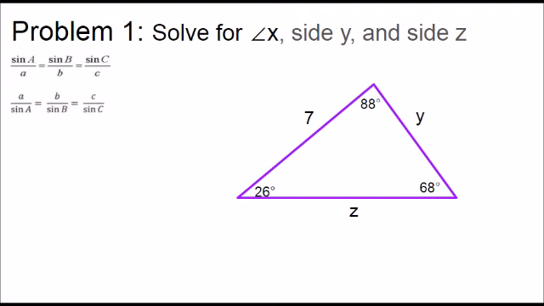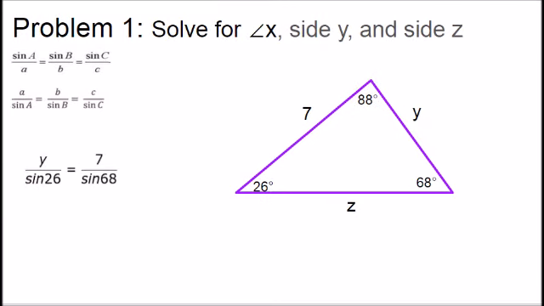The first thing we need to do is set up a proportion with the law of sines formula. When you set up a proportion for the law of sines, the angle and side have to be opposite from each other. So since we're solving for side y, we need to use angle measure 26. And because we are solving for a side, we are going to need to use the second formula listed.